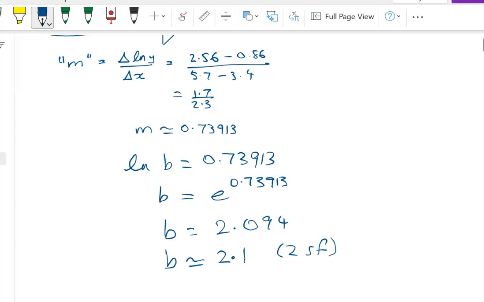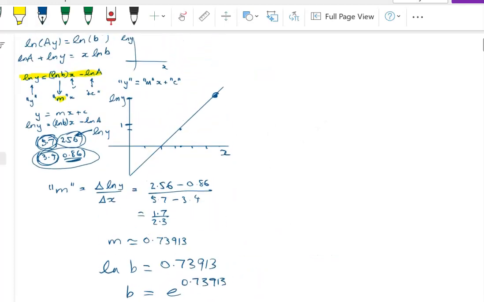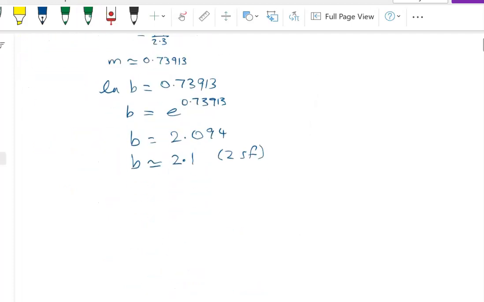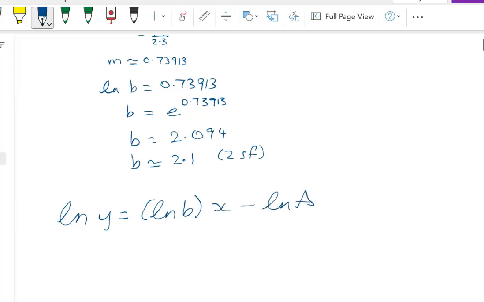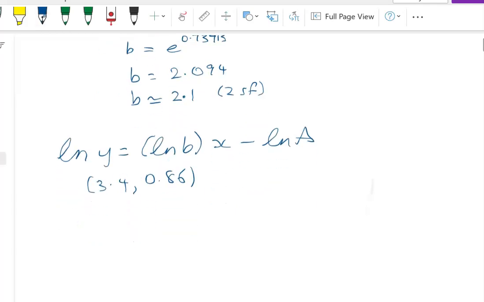Next, all we have to do to find a is substitute a point in, because we can see that now what we need to get is the constant. So we've got the natural log of y is equal to the natural log of b times x minus ln of a. We can pick either point, but I did 3.4 and 0.86.